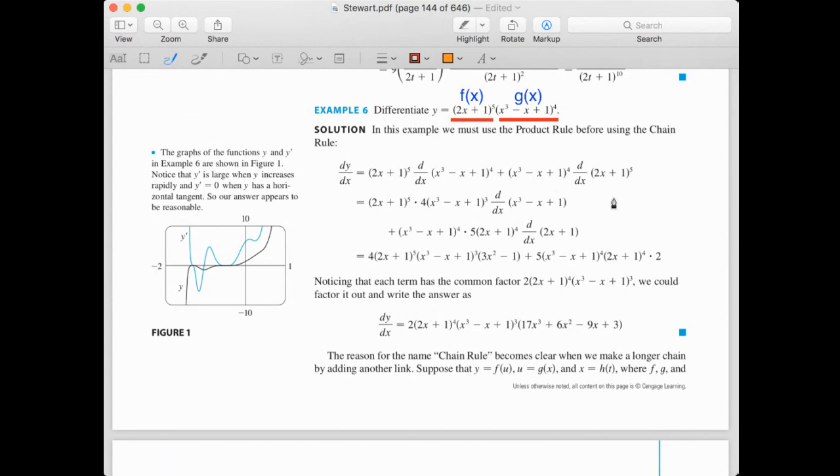Right? Just each one, we have to apply chain rule. So this is a combination of a product rule and chain rule. Any questions? All right, let's keep going.